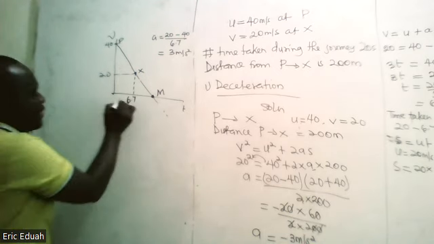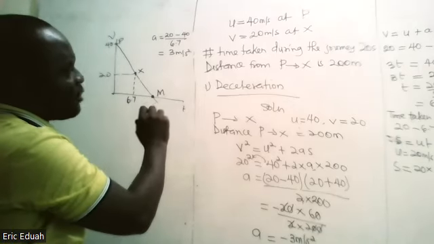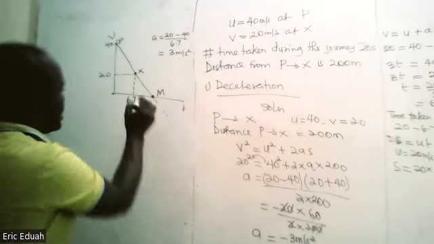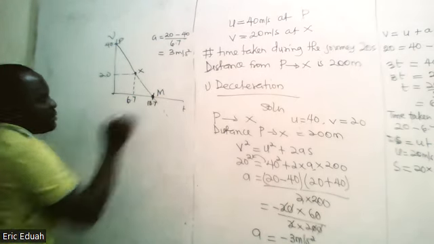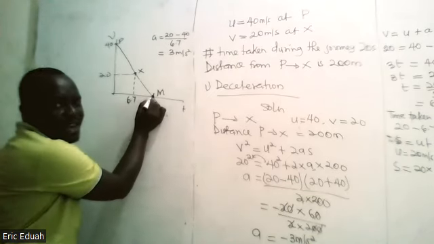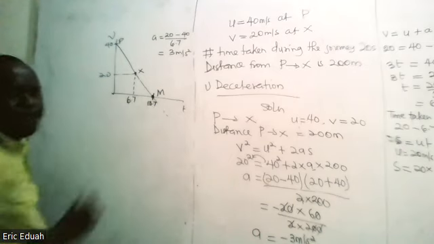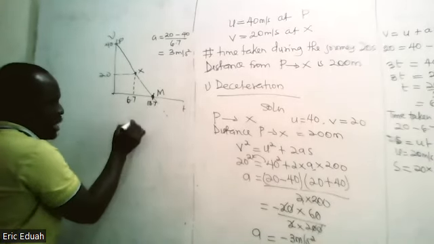Good. If this is 6.7 and it took a time of 20 seconds for the whole journey, then straight away this is 13.7. If 13.7, what is the final velocity at M? Zero.